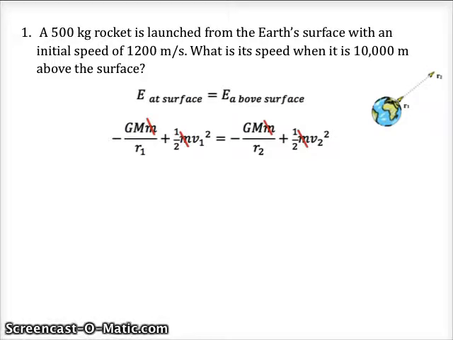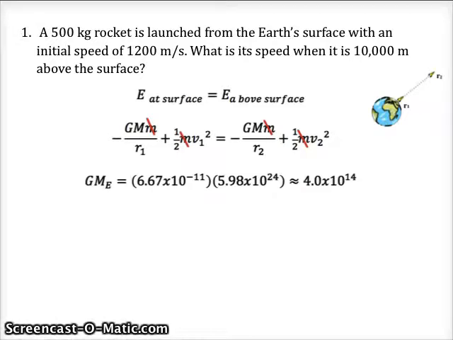Okay. All right, before we actually plug in some numbers, I want to point out something that might be useful to you as you work through some questions. We use the mass of the Earth quite a bit in our problems, and this quantity, capital G times the mass, comes up quite a bit. So if you know you're working with the Earth, something you might want to do is to have this value of capital GM set up already.